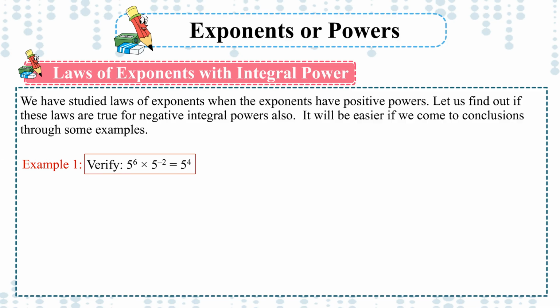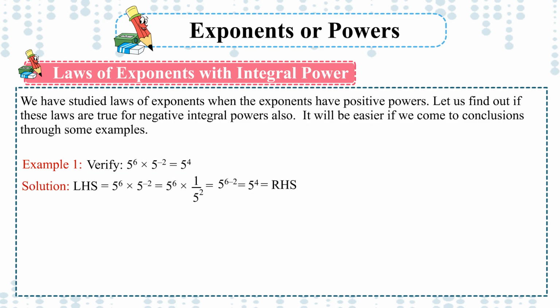Verify: 5 raised to the power 6 multiplied by 5 raised to the power minus 2 is equal to 5 raised to the power 4. Solution.